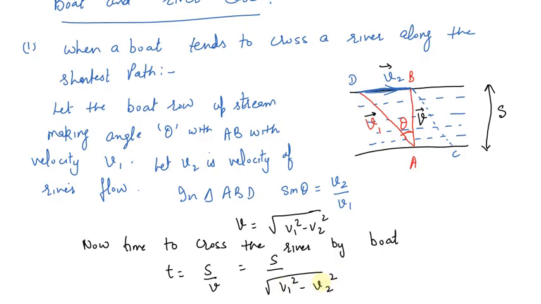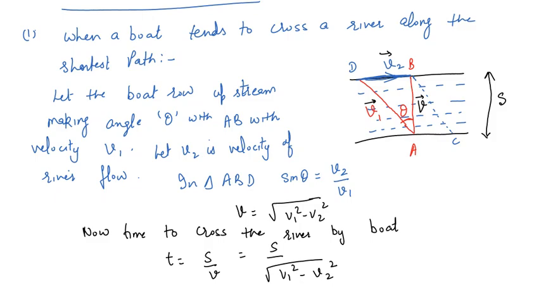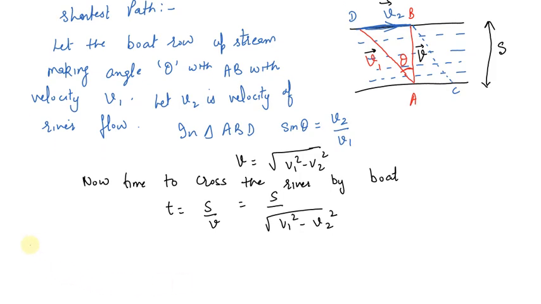So in this case boat will take the time T is equal to S upon root V1 square minus V2 square.